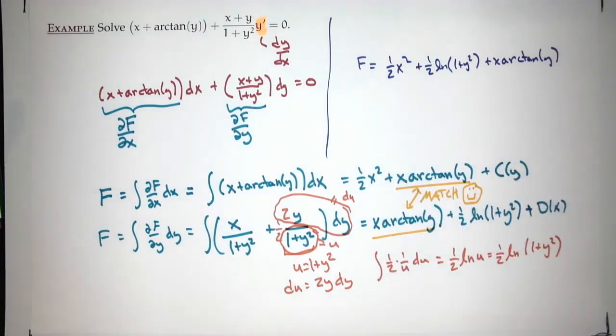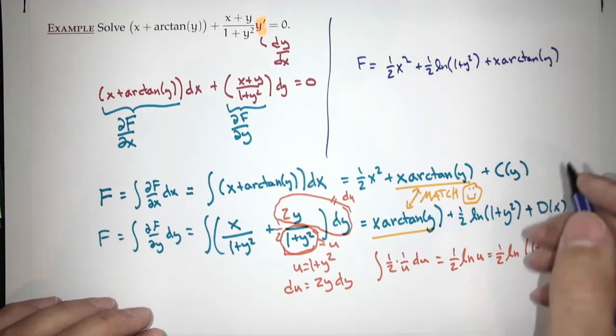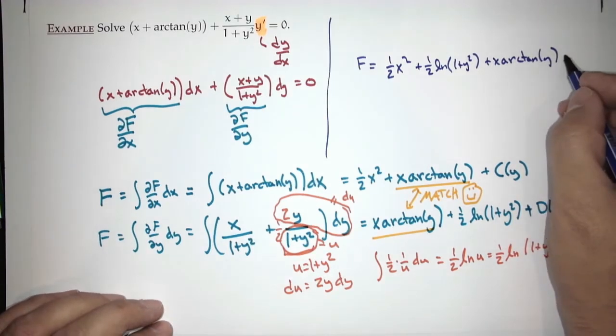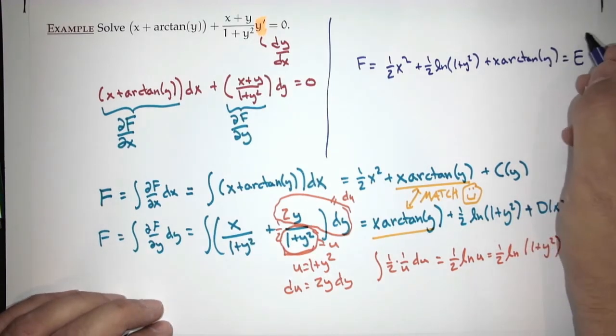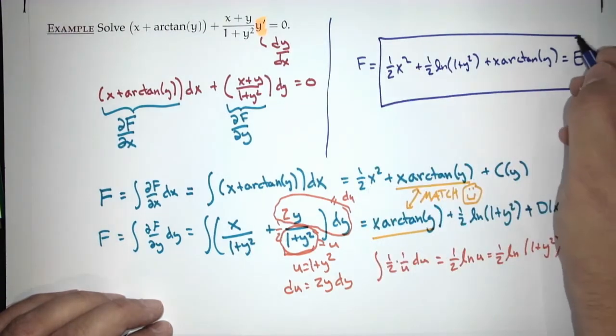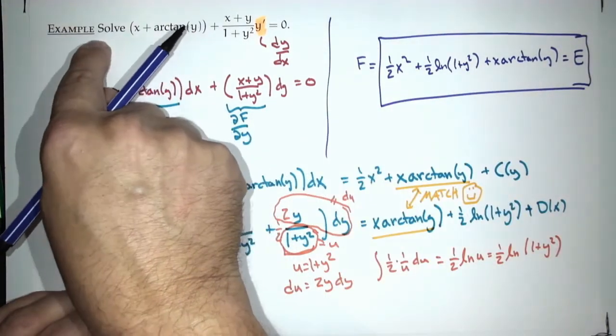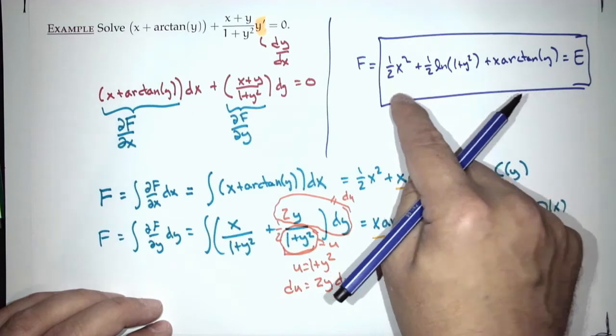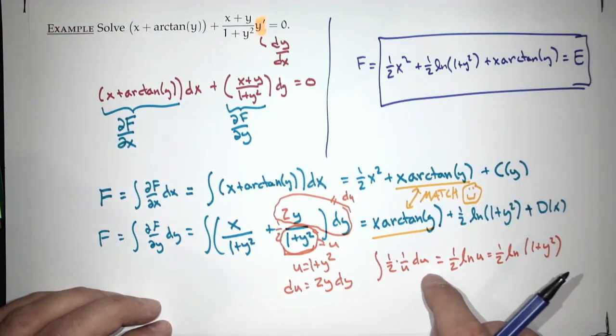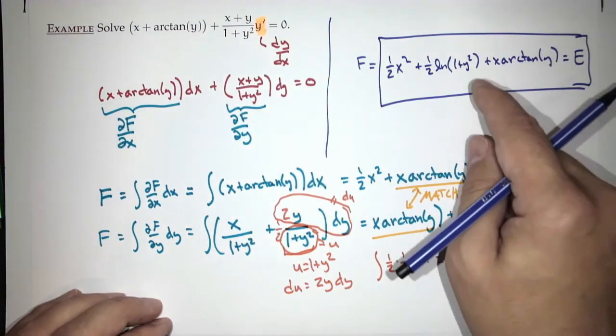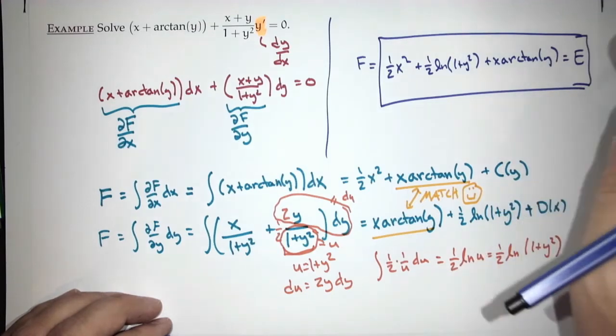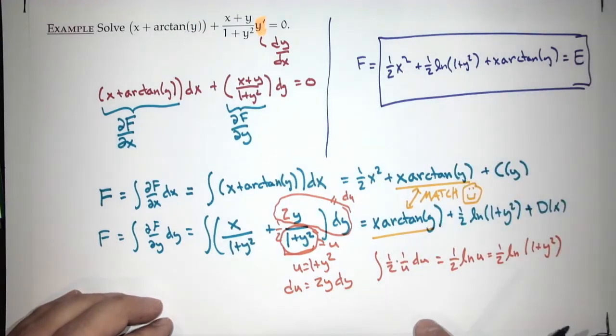And so the solution to the differential equation, what would we do with this? Yeah, we set this whole thing equal to c. And that says that the solution to this differential equation is this expression. Now you might look at this and say, we'd never be able to solve for y. You are correct. Could we solve for x? Yes, we can.